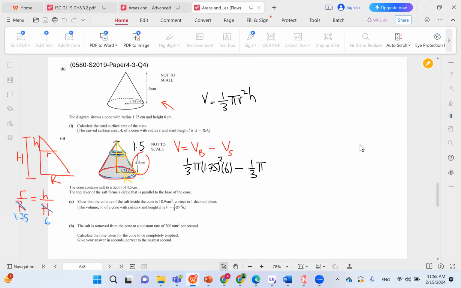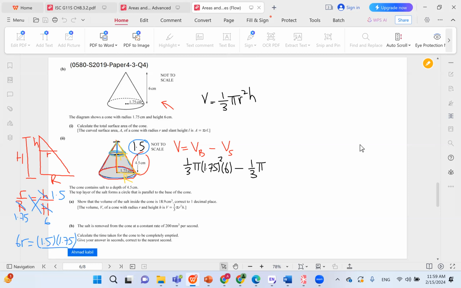Of course, we said that h small, which is the height of the small cone here, is 1.5. We did this by doing 6 minus 4.5, so we subtracted. So this would be 1.5 here. And we want to get r small, we can just cross multiply. So 6 r small equals 1.5 times 1.75.